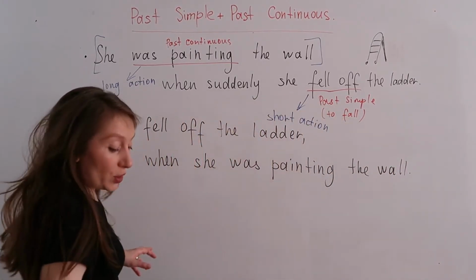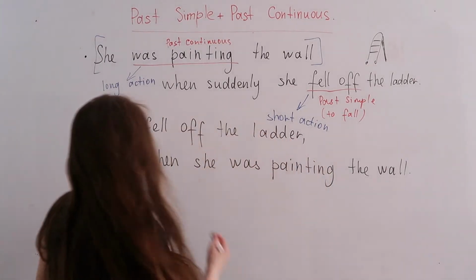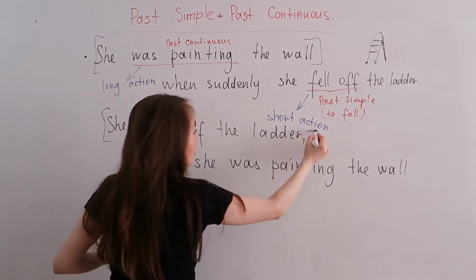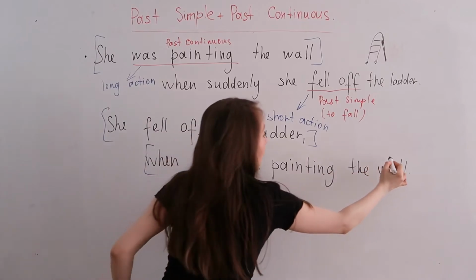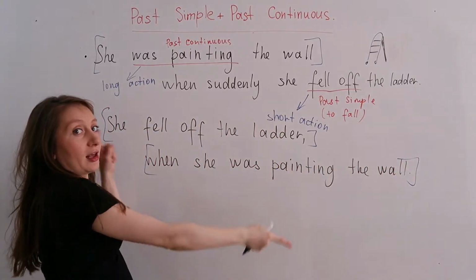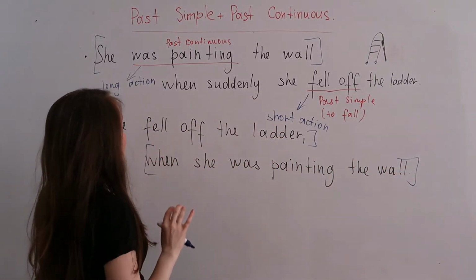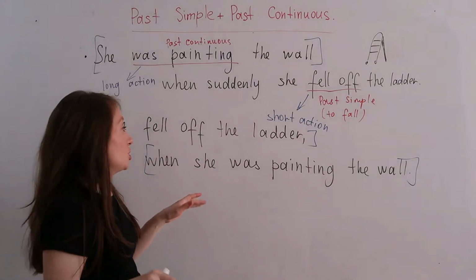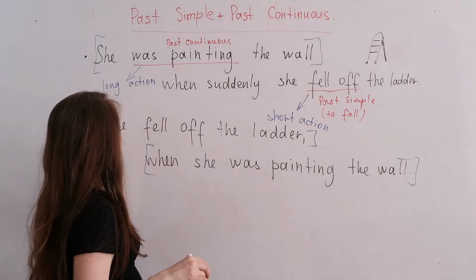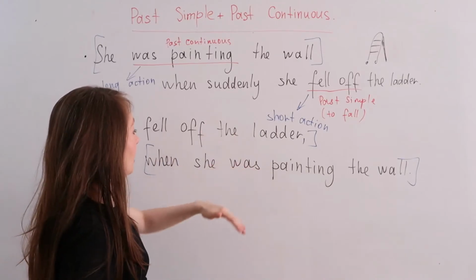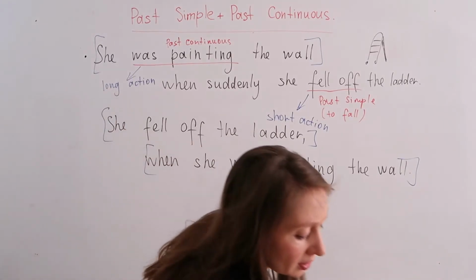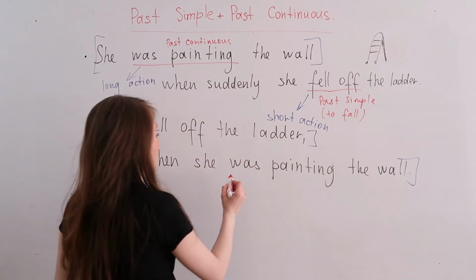You see, we changed these two clauses like that. You can use it like that or like that, how you like it. So the meaning doesn't change. She fell off the ladder when she was painting the wall. The same meaning, the same sentence.